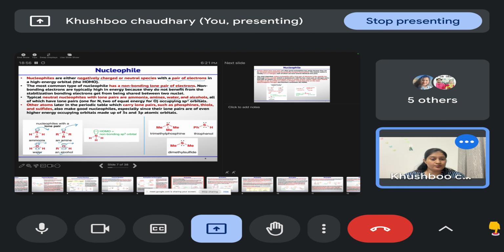So if we want to push the arrow from an electron donor species, we keep the tail at the lone pair and move it towards the electrophilic species. And other atoms also. So in the case of ammonia, amine, water, and alcohol, the HOMO is the non-bonding sp3 orbital in all the cases.